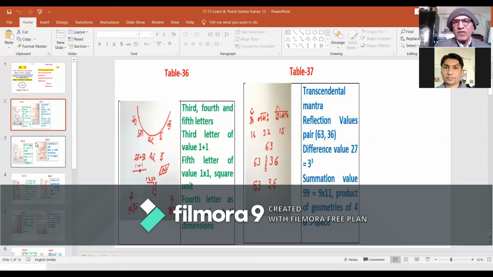Therefore, the value 36 and value 63 are availing the pair of digits 3 and 6, but the script forms of this pair of numerals 3 and 6, as is depicted in table 37, are of reflection pairing format.